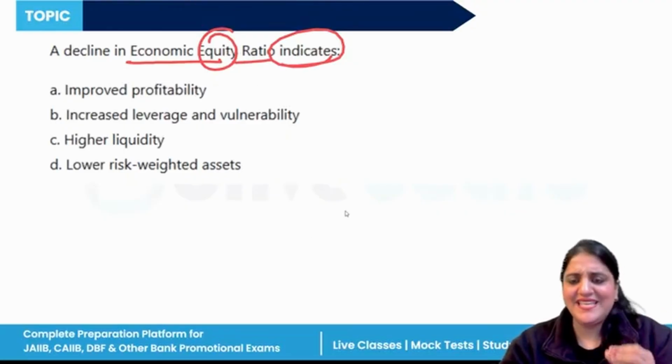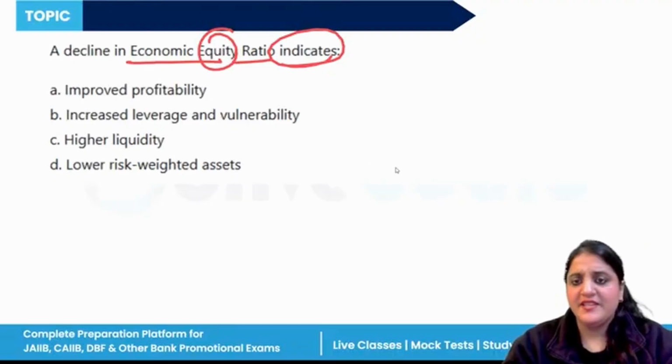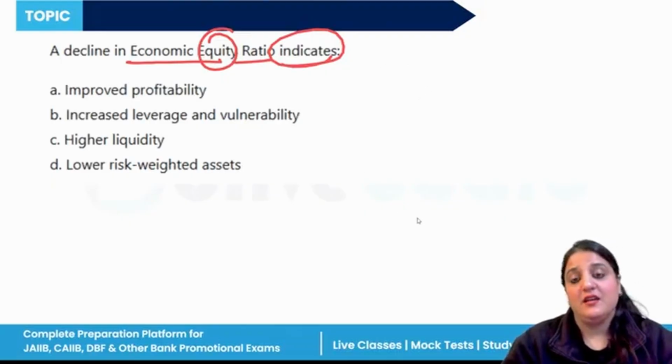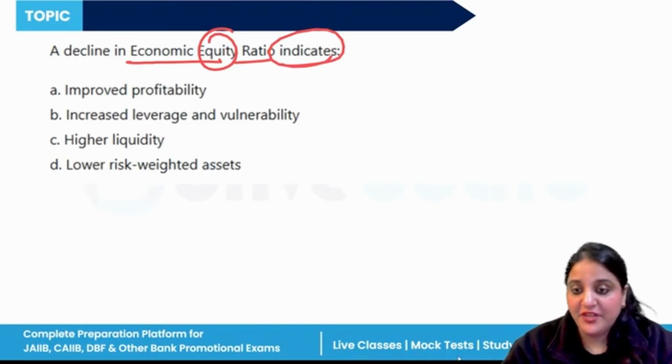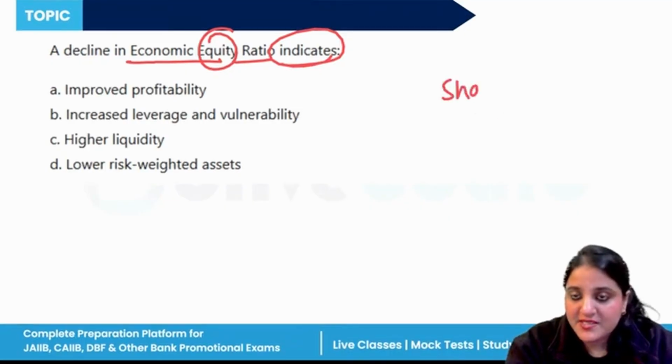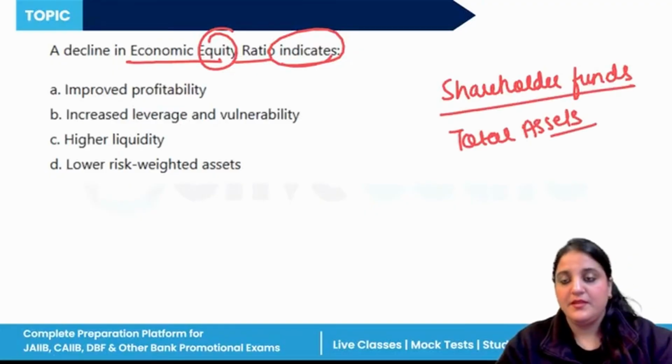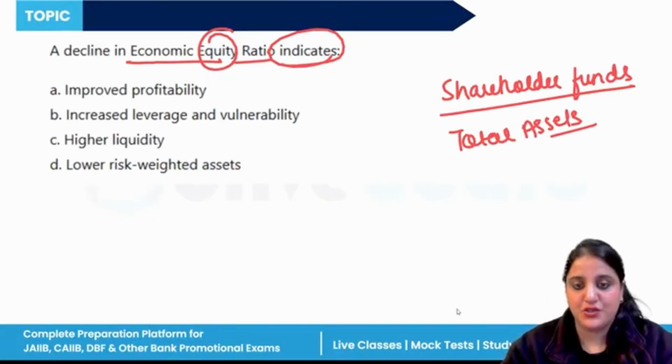The economic equity ratio answers a survival question: how much of the bank is owned versus borrowed. It is shareholder funds divided by total assets. That is the economic equity ratio.